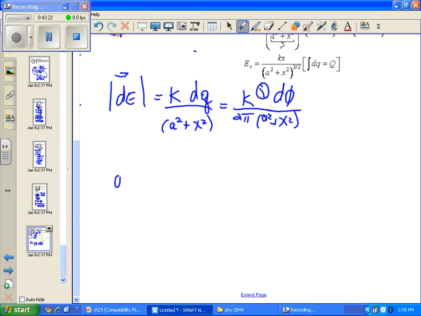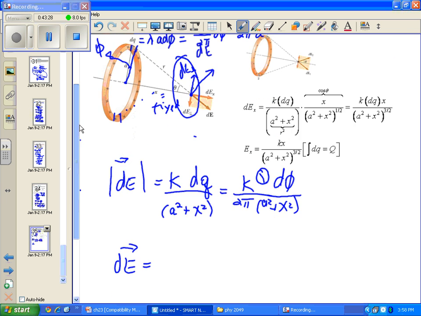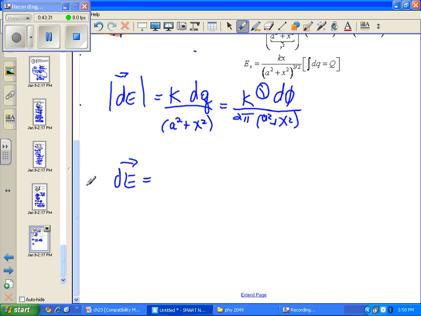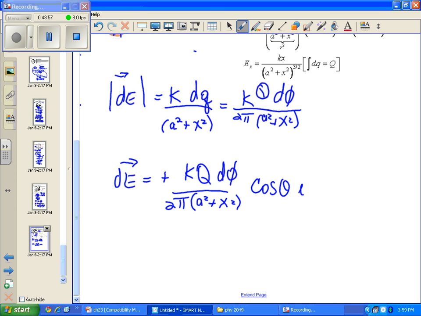So we want dE as a vector only equal to, let's see, is it along the positive direction? Yes, it is. So positive k q d phi over 2 pi times a squared plus x squared, and x here is not a variable, along the x direction, and then we need the cosine. See, because this is our dE, but we need this to multiply cosine theta, because that's how we're going to get this right here. This whole thing is dEx.